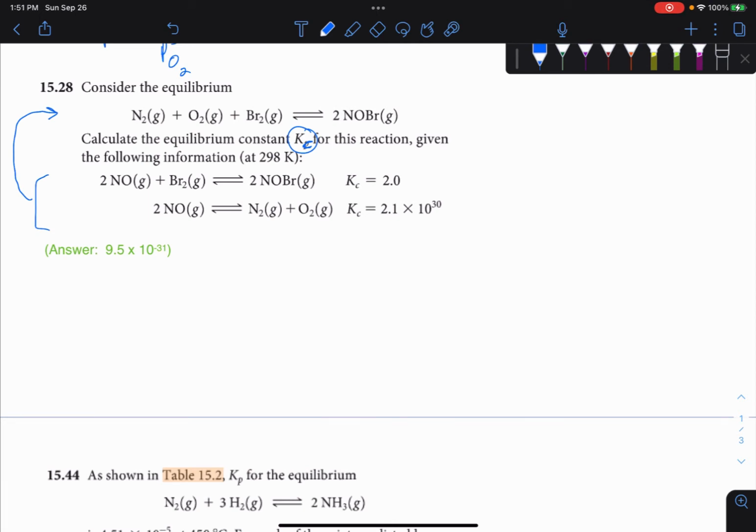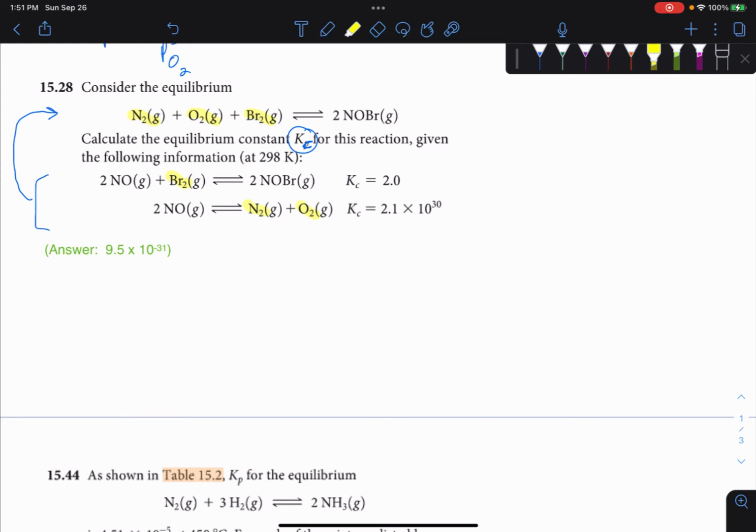Now, the main thing that you want to do is go in and start trying to find your reactants and products in your target expression. For example, notice that nitrogen and oxygen are showing up on the product side of that second expression, and bromine is showing up on the reactant side of that first expression.